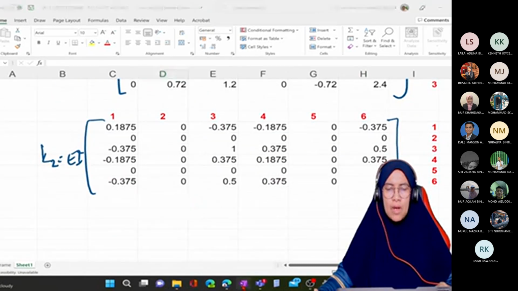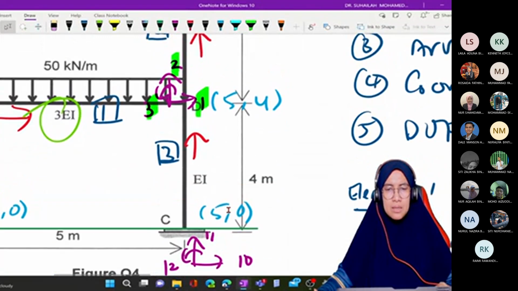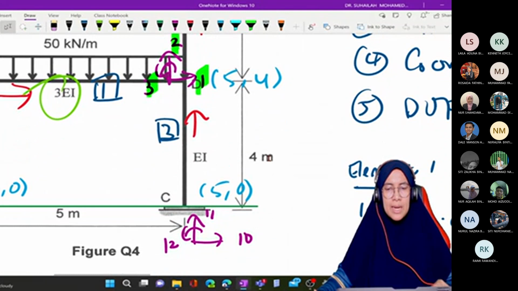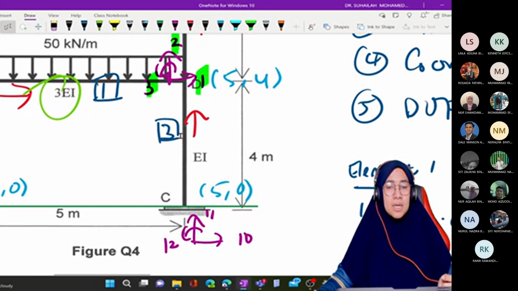And then for element number 3, the length is equal, EI is also constant. Cx and Cy are also the same, 0 and 1. So actually we get the same value, except the labeling.